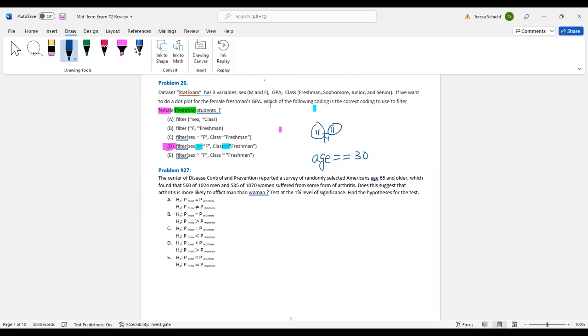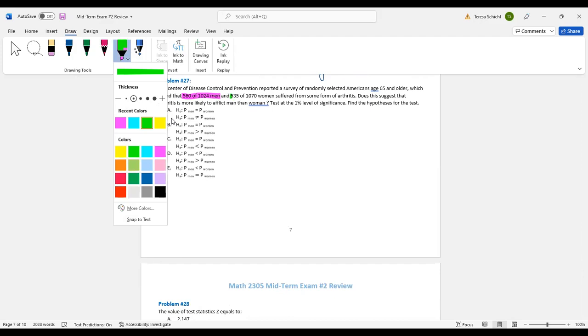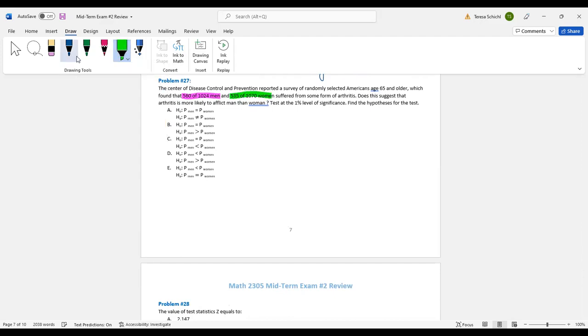Okay, let's take a look at number 27. They said that the Centers for Disease Control and Prevention reported a survey of randomly selected Americans 65 years and older, and found 560 of the 1,024 men and 535 of the 1,170 women suffer from some kind of arthritis.